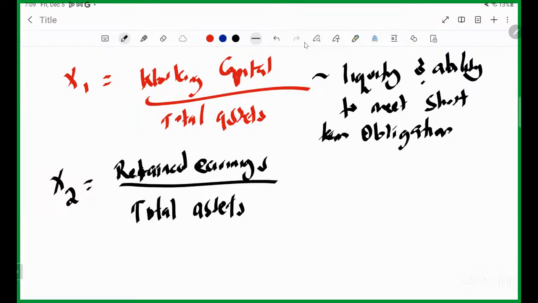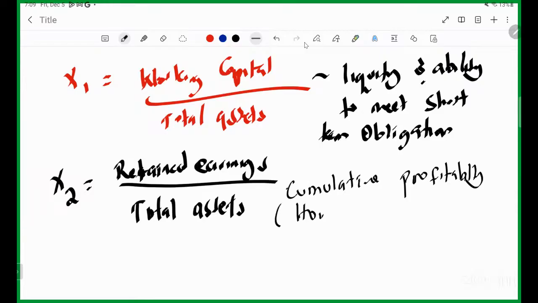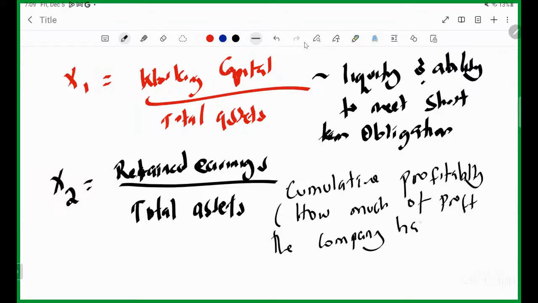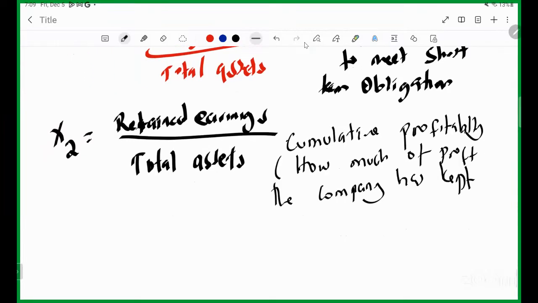What does this measure? It measures cumulative profitability, or how much of profit the company has kept over time. So X2 is retained earnings over total assets, and it measures cumulative profitability, or how much of profit the company has kept over time.